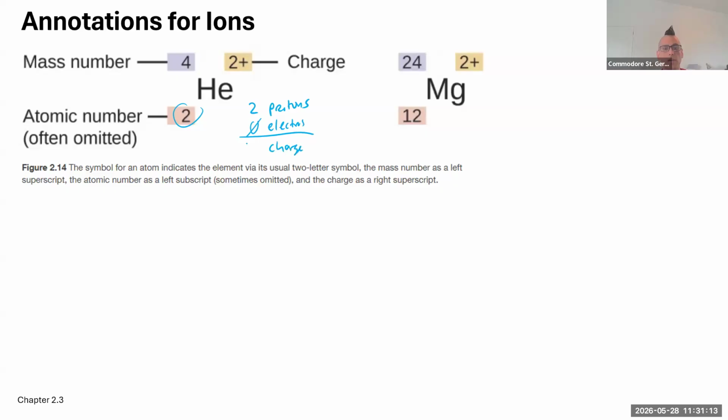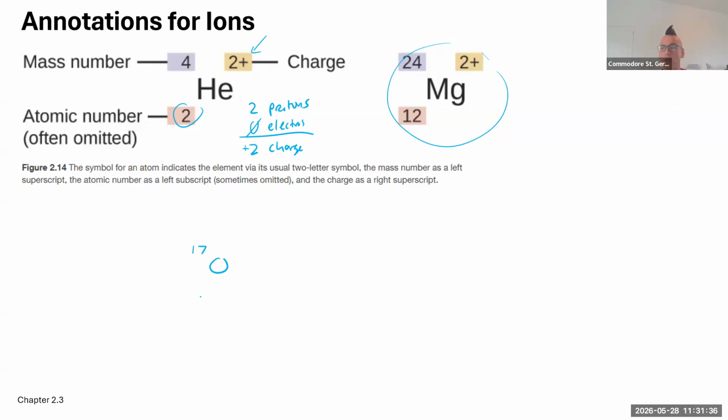Charge. And since it's a positive, it's a cation. This is the same setup. Let's do something with a negative. Let's do oxygen. Let's say we have oxygen 17, just to make it fancy.